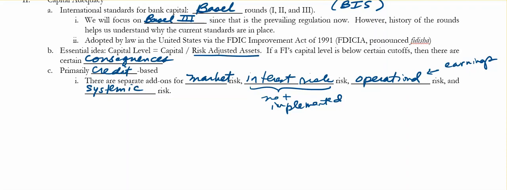And if one bank fails or one financial institution becomes insolvent, then that's going to have a ripple effect to other financial institutions. So there could be an add-on capital charge for a bank that's considered particularly systemically important.